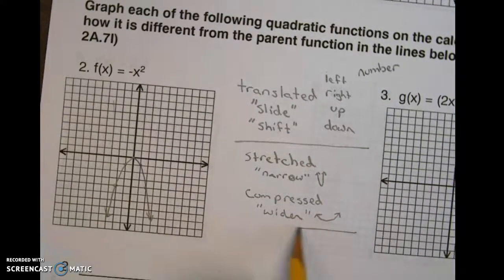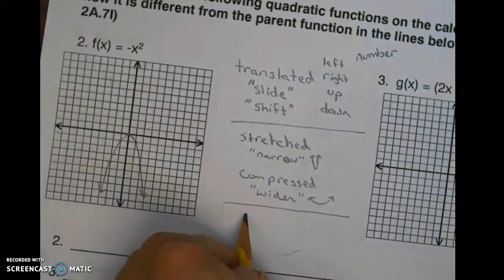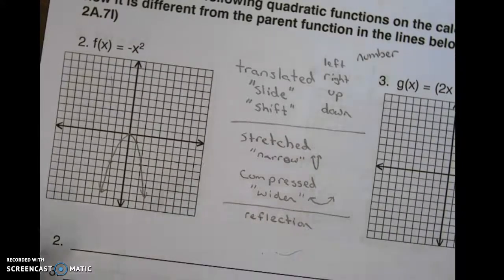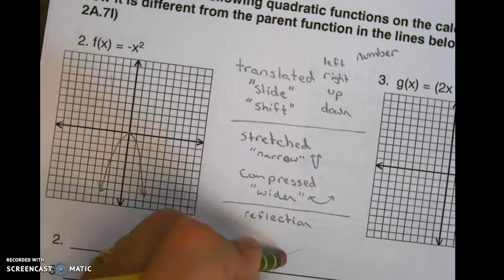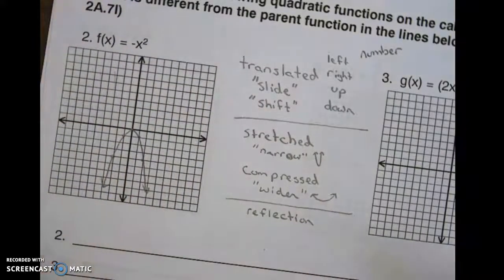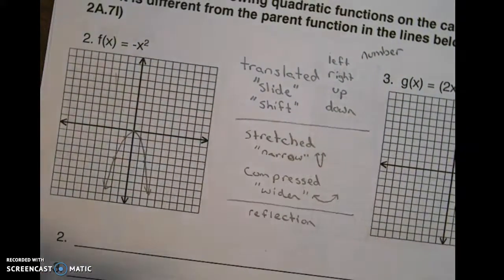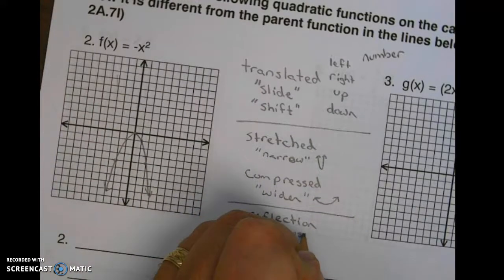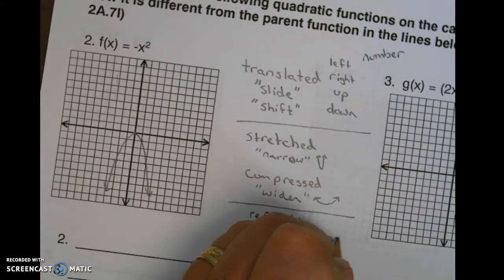Okay, another option we could have here is we could have a reflection. Now reflections can go different directions. One direction, it could be across the x-axis.